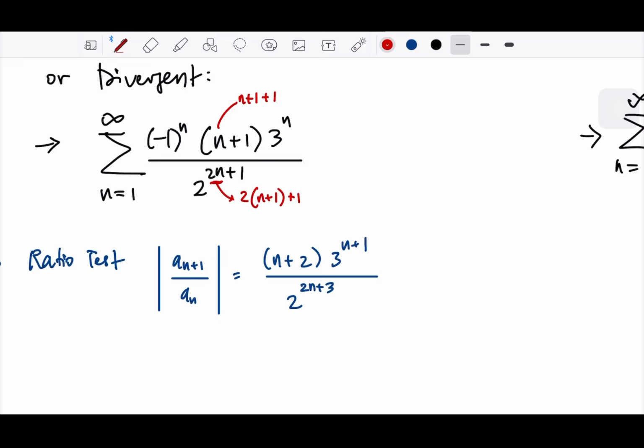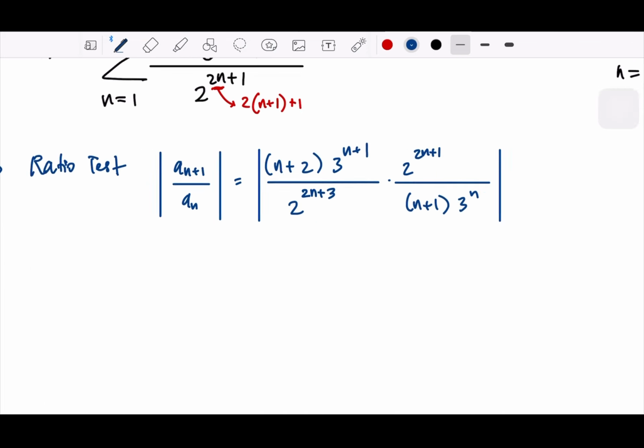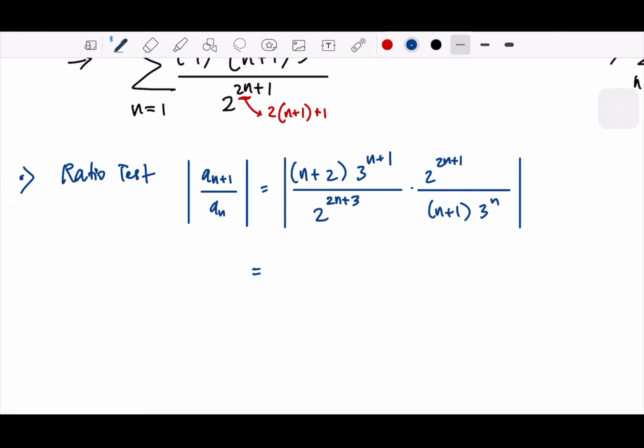And then multiply with 2 to the n plus 1 divided by n plus 1 and 3 to the power of n.